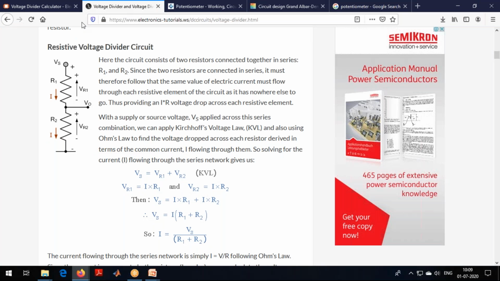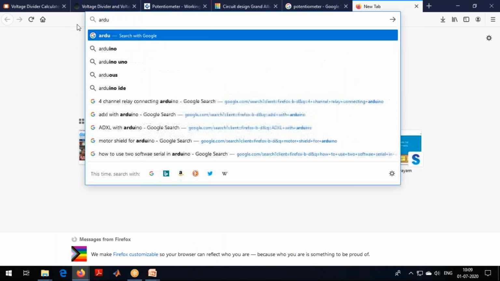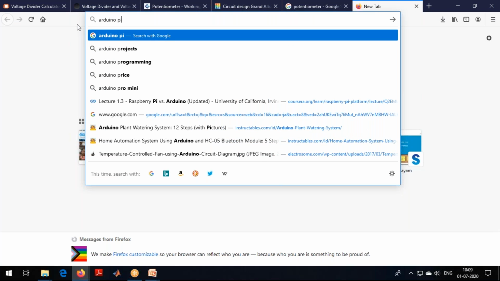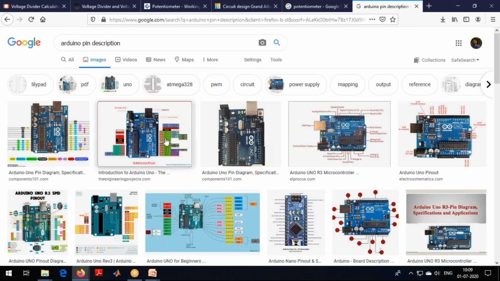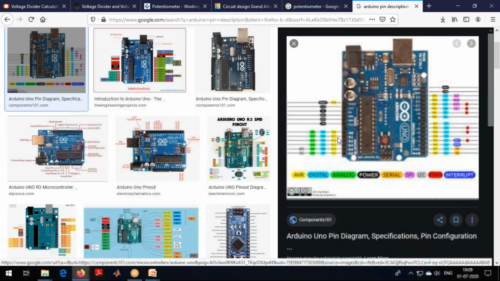If you remember, in the previous class you have seen the Arduino pin description. You might have seen something like this.